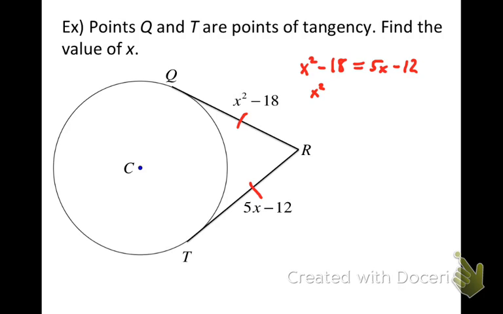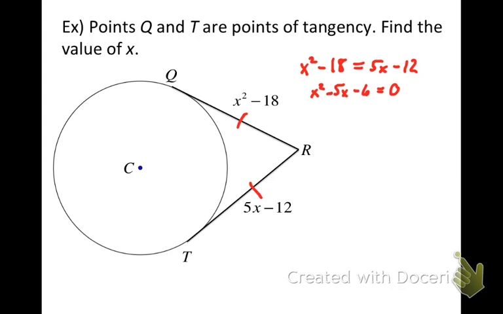So I'm going to bring every term to the left side of the equation. Let me write them in order: x squared, then x, and so on. Let's subtract 5x from both sides, so we'll have x squared minus 5x. And then we have a minus 18, but we're going to add 12 to both sides, so that becomes minus 6. Negative 18 plus 12 is negative 6. So we get x squared minus 5x minus 6 is equal to 0.